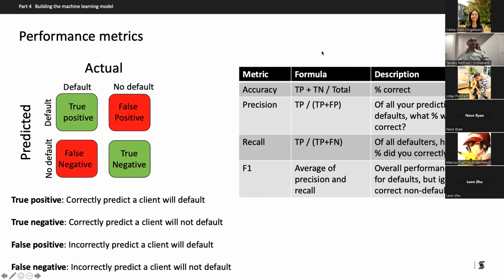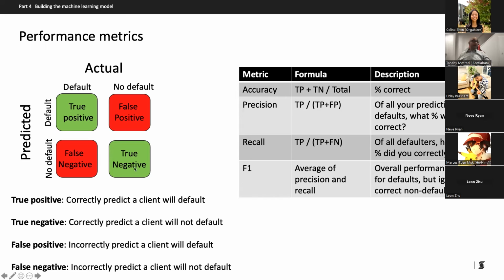Let's ignore how they're calculated, and just look into these four blocks. The green ones are the ones where the model does a good job and classifies and predicts them correctly. True positive is, for example, if the person has defaulted and the model also predicts that the person will default.